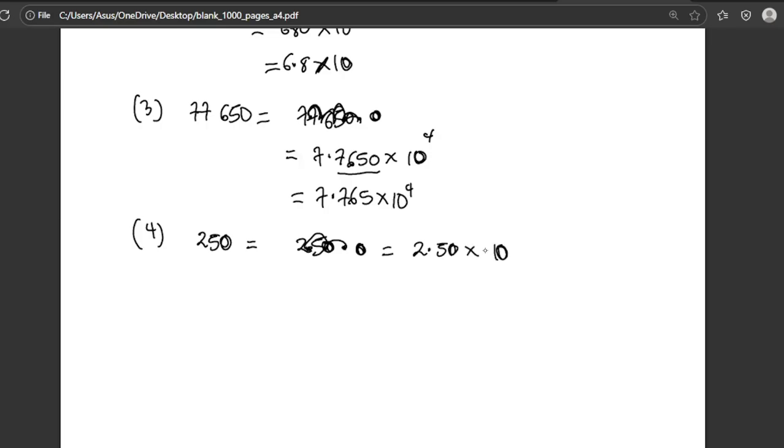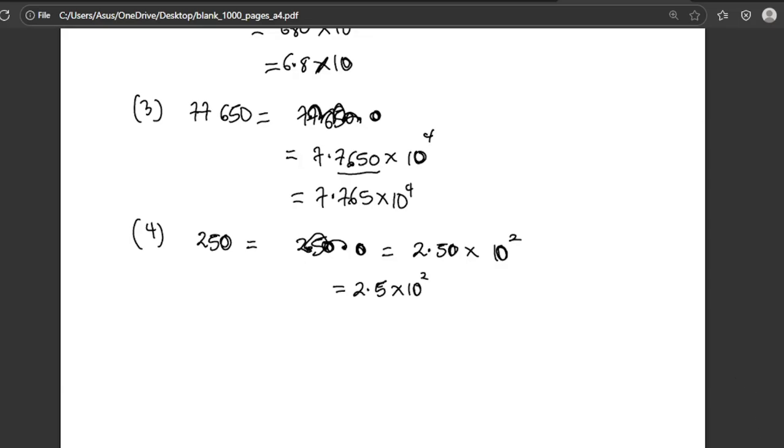How many times did we move the decimal point? That's 2, so it is 2.5 times 10 to the power 2. How do I know that it's a positive power? Because the original number I'm converting was greater than 1, therefore the power of 10 is positive. That will be plus 2 and not minus 2.